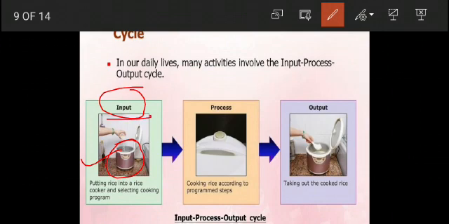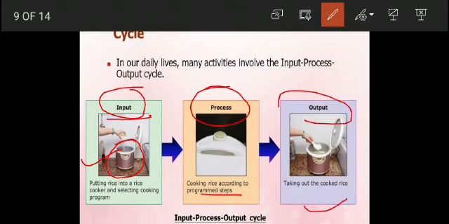And when we put all these ingredients of cooking in the cooker and we start the cooker, cooking starts, this is what processing is going on. And when you get the cooked rice, this is the output. So while cooking rice also, it follows these input, process, output steps.